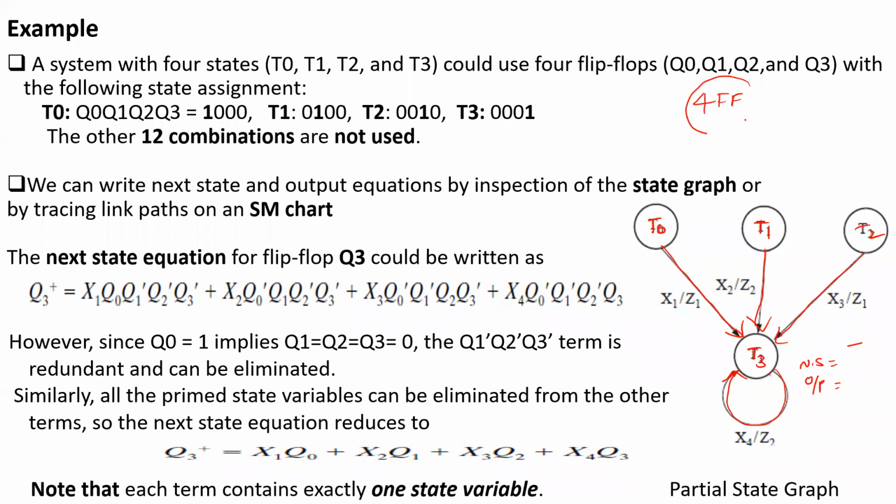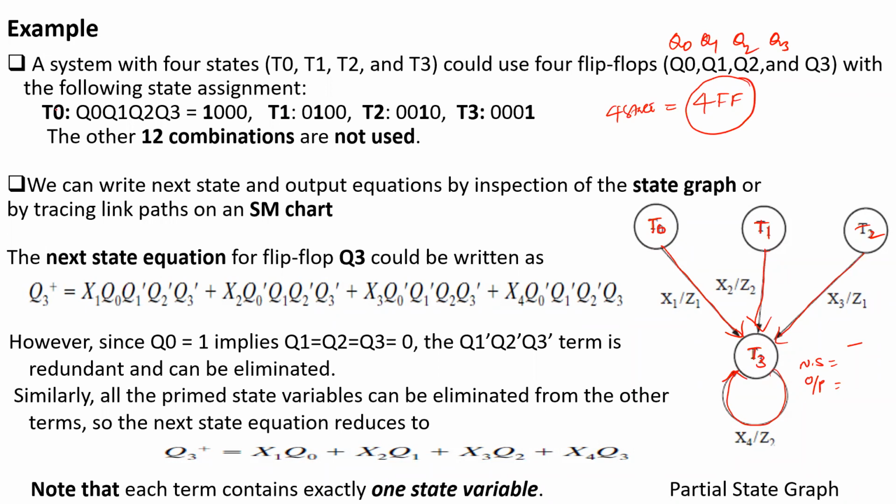Because we have 4 states, 4 flip-flops are required. Now these flip-flop outputs are called Q0, Q1, Q2, Q3. At a time only one flip-flop will be active, and the remaining flip-flops must be inactive.